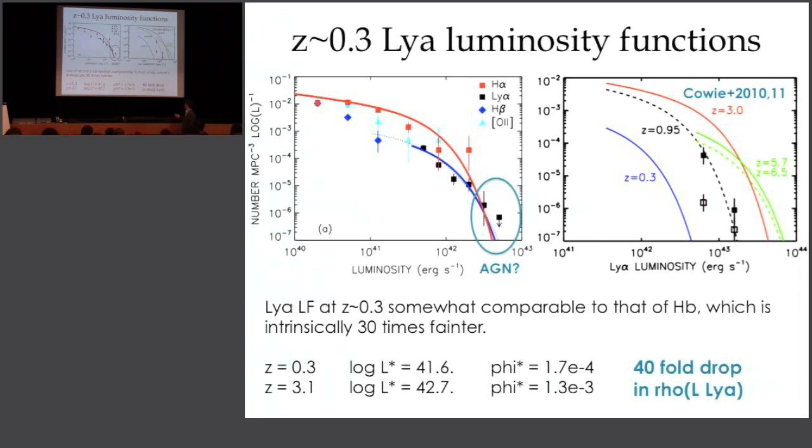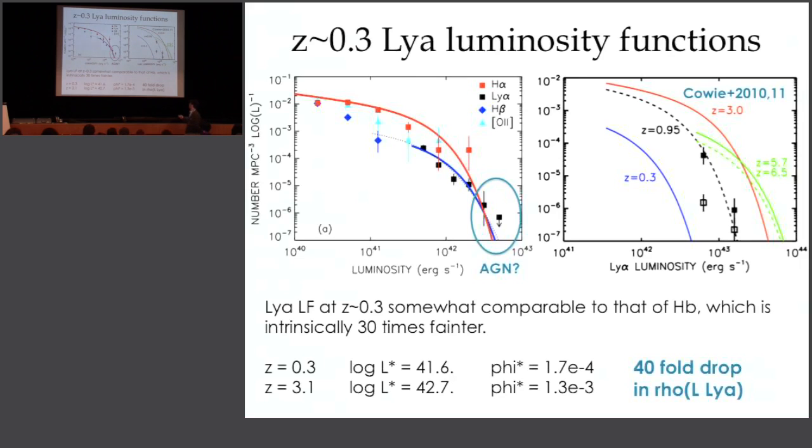And then what you're seeing in red is the local H-alpha luminosity function derived at the same redshift. It's Tresse and Maddox, I think. And you see that the H-alpha luminosity function actually sits above the Lyman-alpha luminosity function. And if you look down at the blue points here, these are actually the same LF at the same redshift derived from H-beta. And those blue points actually look like a decent continuation of the black points.